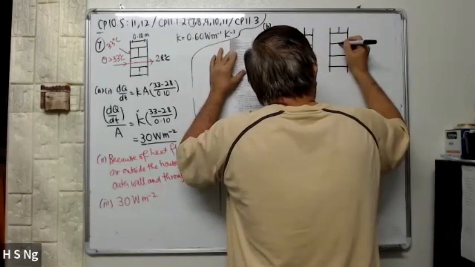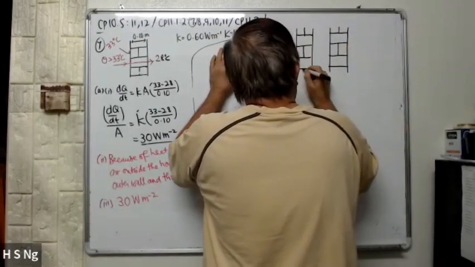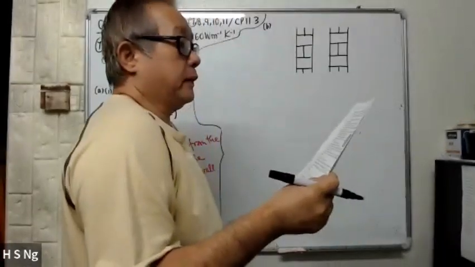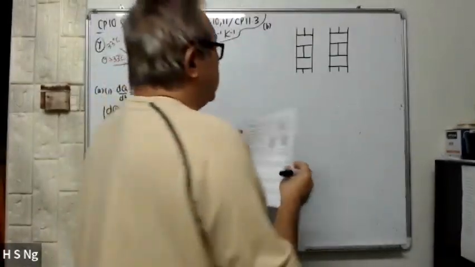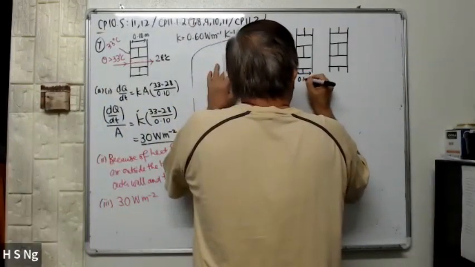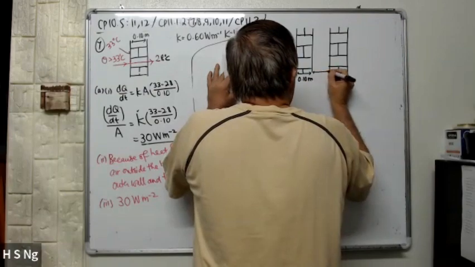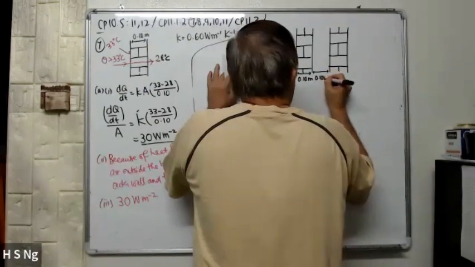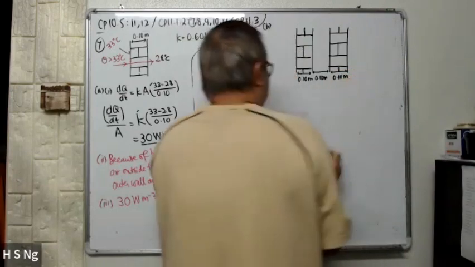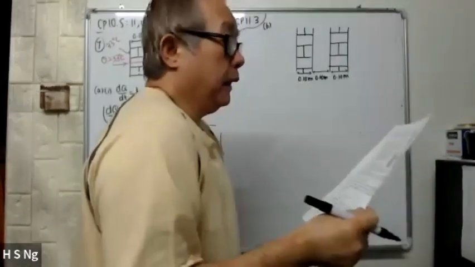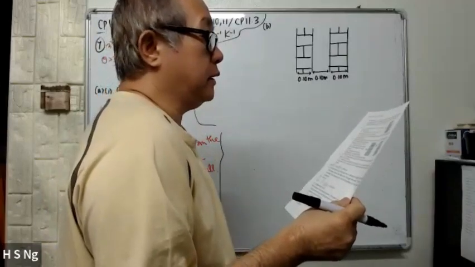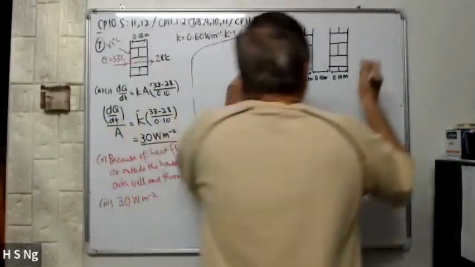Okay. Now, an alternate structure of wall is a layer of air 10 centimeter thick, as shown in the following figure. The thermal conductivity of air.